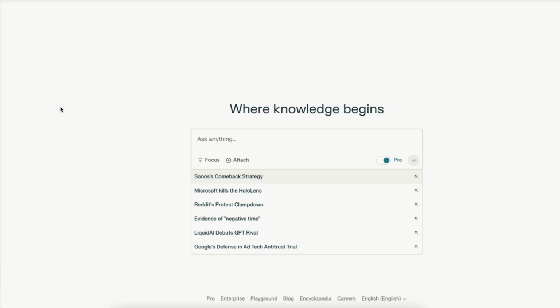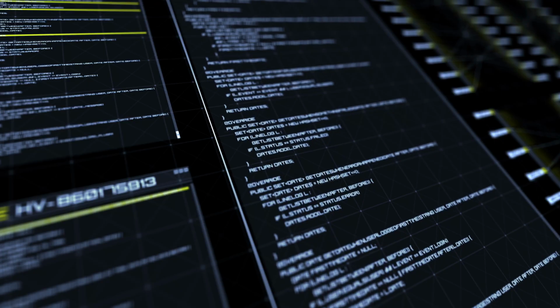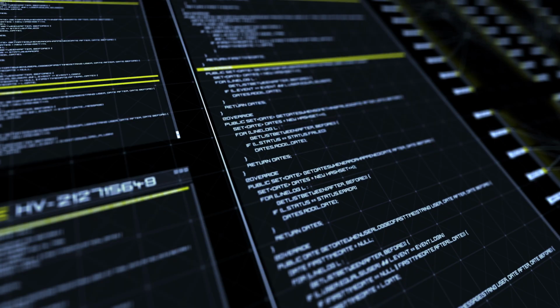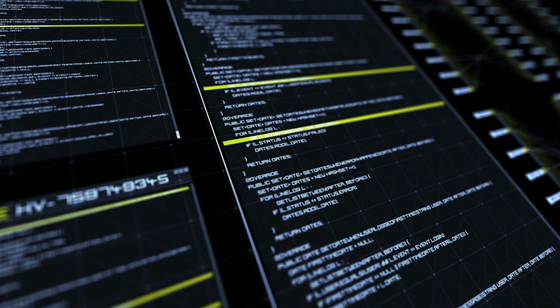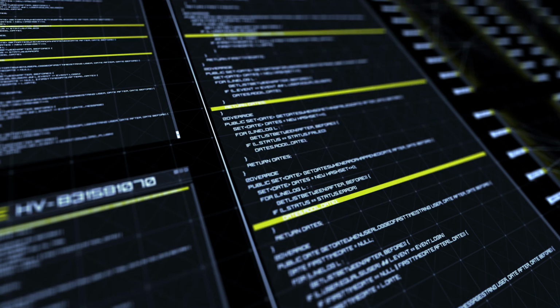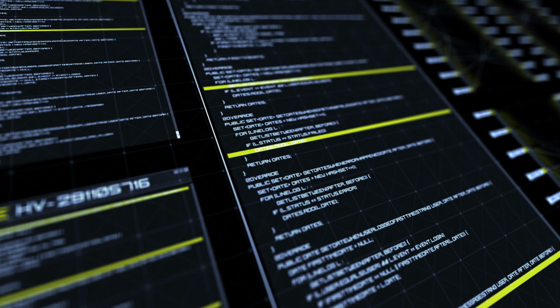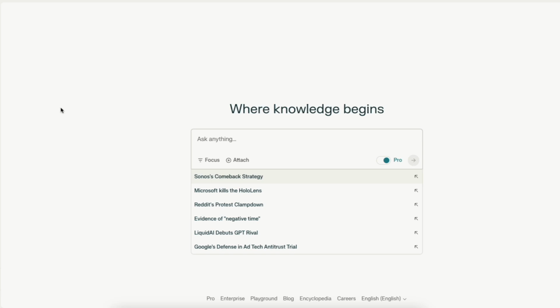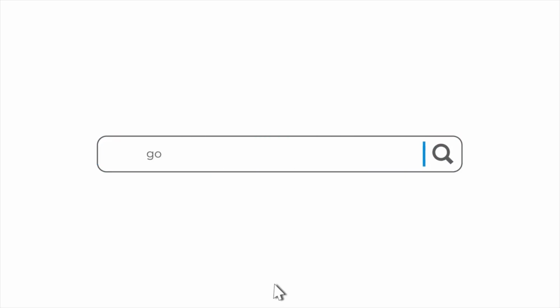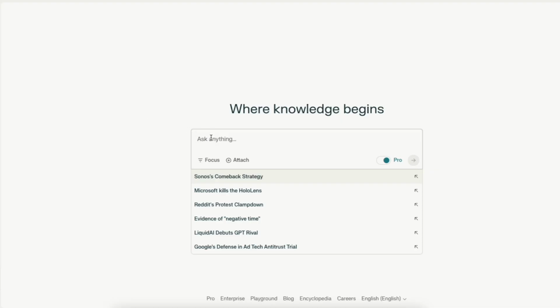The LLMs that they use behind the scenes are trained on predefined data that is dated almost 2 years back, if I'm not wrong. But the way Perplexity is different is that it searches the real-time Google or the internet. So whatever you search here is going to give you real-time data for your search.